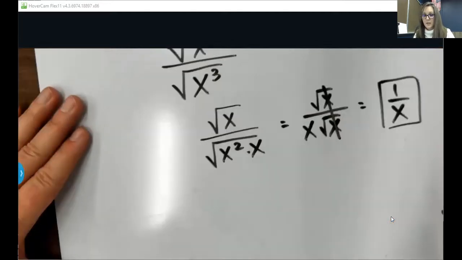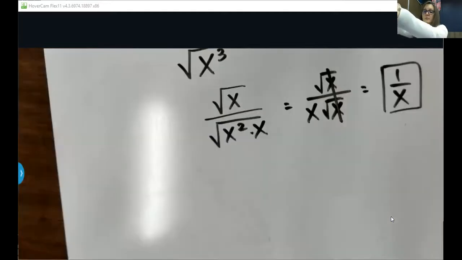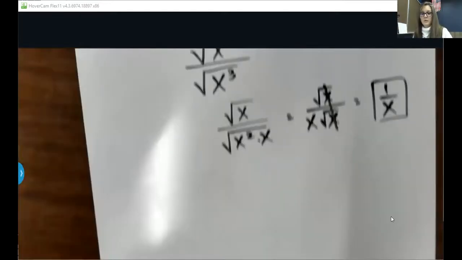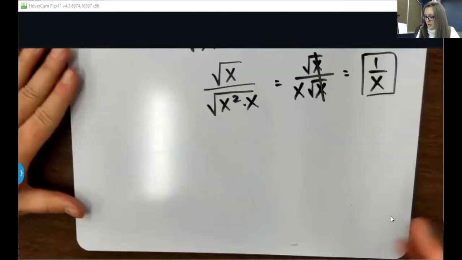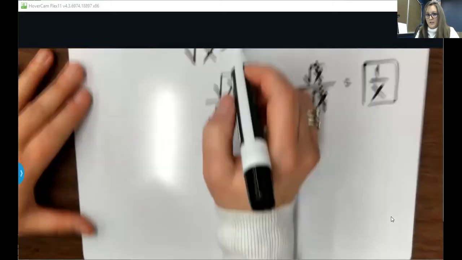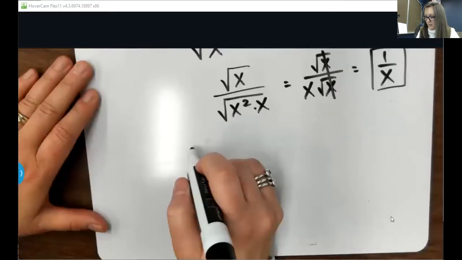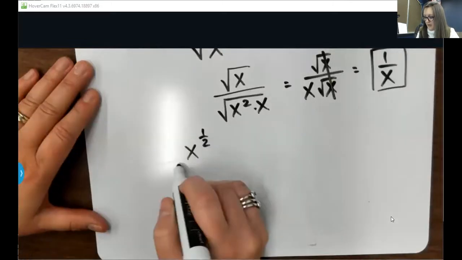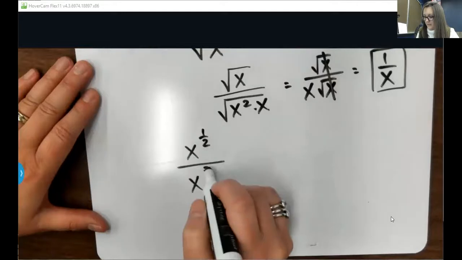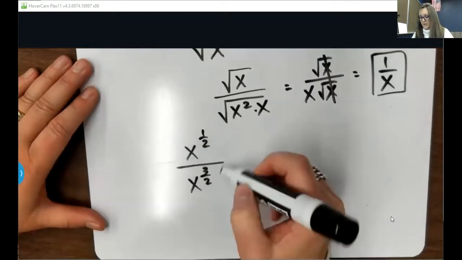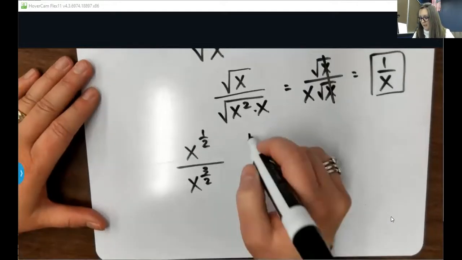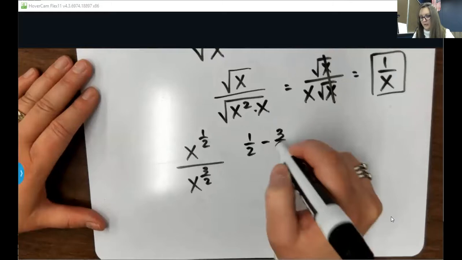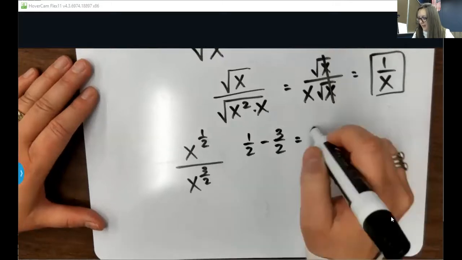I can do the same thing if you're choosing to divide. I'm going to move this up so we can see the whole whiteboard. So if I change this to a fraction, rational exponent 1/2 divided by x to the 3/2, remember your quotient rule, we can subtract 1/2 minus 3/2. Oh, that's pretty ugly, isn't it? -2/2.